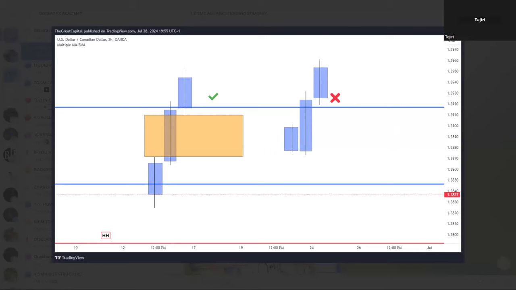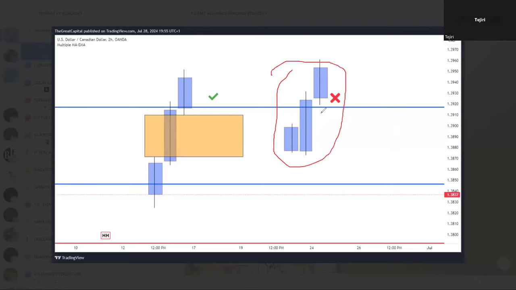Do you know why? Because this third candle did not take out the low of this middle candle. Even though we have a space here, it's not a valid imbalance.